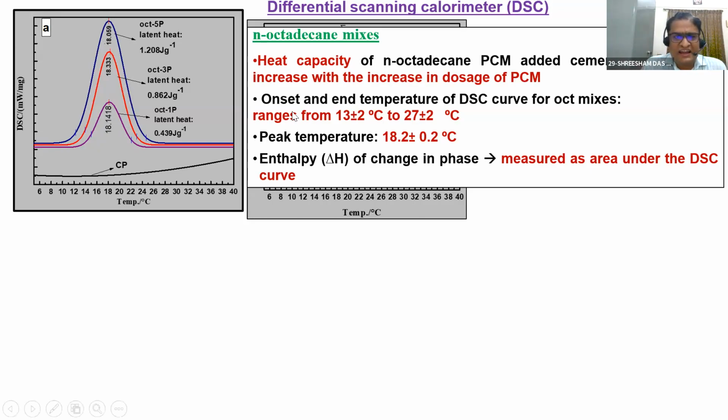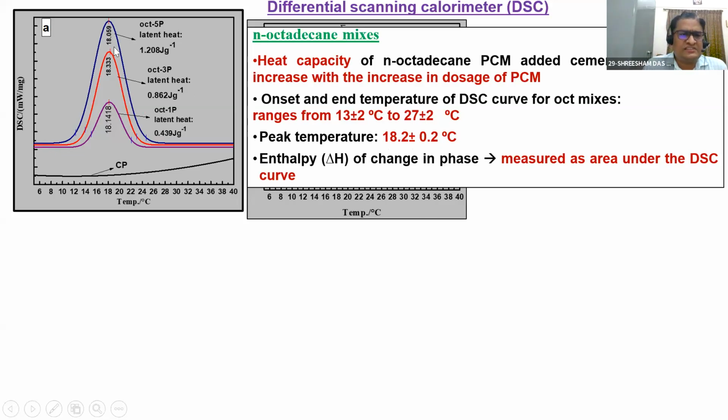Okay, and what is happening actually, onset and temperature of DSC curve for the octadecane mixes were started from 13 plus or minus 2 to 27 plus or minus 2, and the peak temperature is 18.2 plus or minus 2.